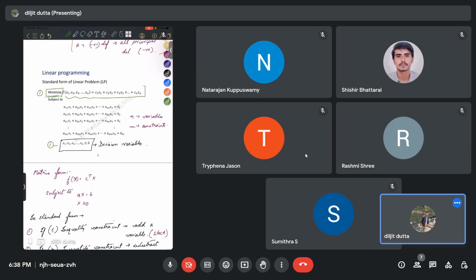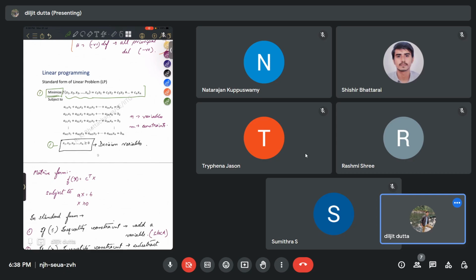If you are minimizing that, then obviously you are maximizing the original problem. So the standard way is to minimize the objective function. The objective function is linear, like a linear superposition of n variables multiplied by some constants c1 to cn, and it is subject to some constraints, and these constraint equations are also linear.